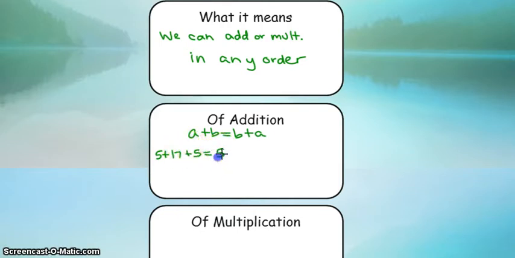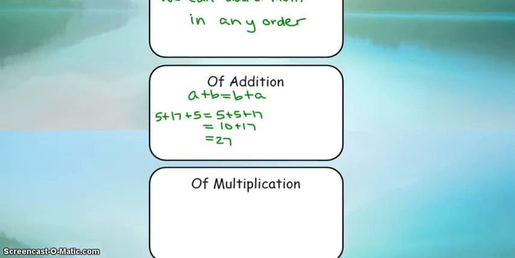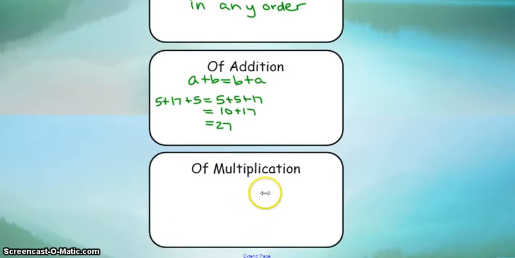So we want to change this to 5 plus 5 plus 17. That way when we now add left to right, we get 5 plus 5 is 10, plus 17. Well, 10 plus 17 is 27.